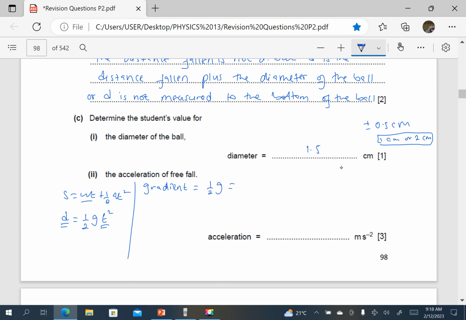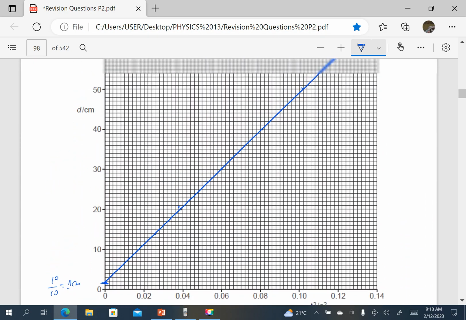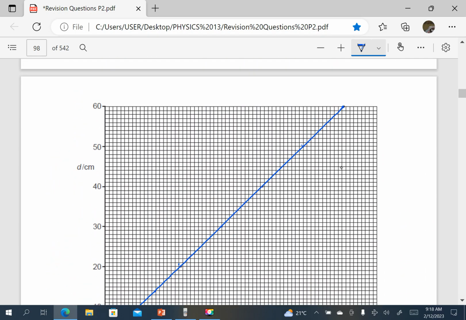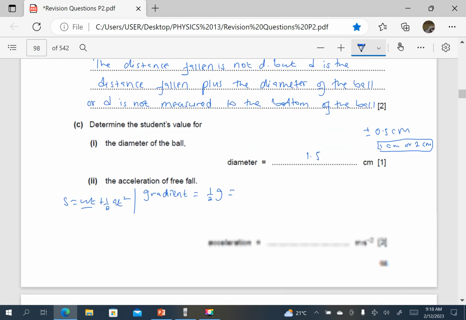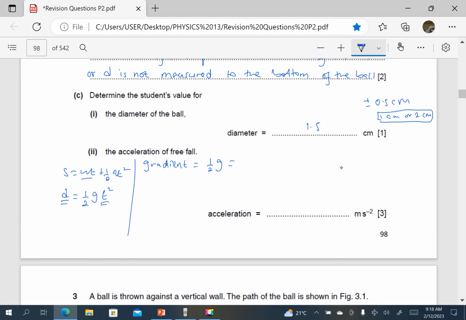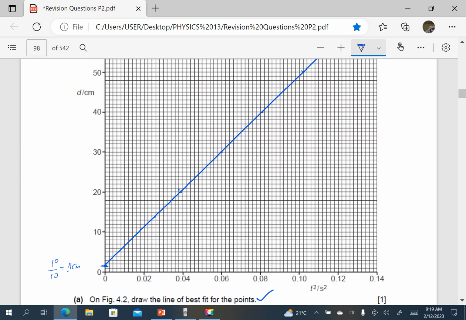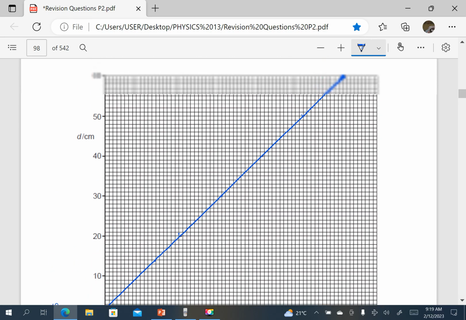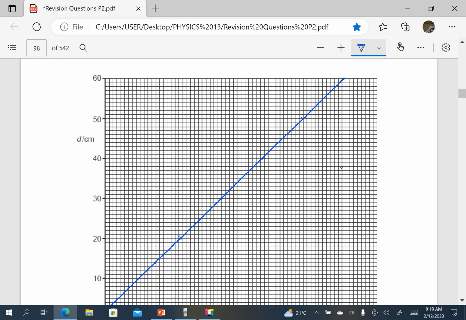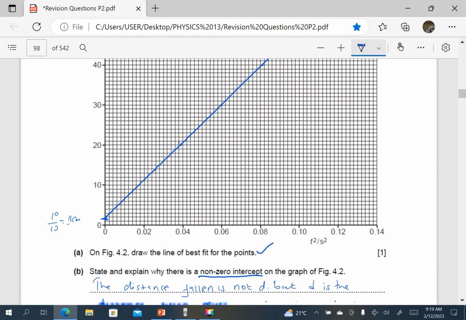Let's find the gradient. Our line goes from a maximum of 60. So on the vertical I'll have 60 minus 1.5. Remember it is in centimeters, so I will multiply by 10 power negative 2 to change it to meters, divided by the change on the x-axis. We have 0, 2. This value here is in the middle of this box: 1, 2, 3, 4, 5, 6, 7, 8 and a half.